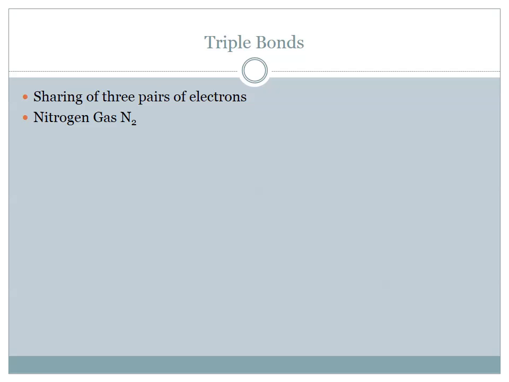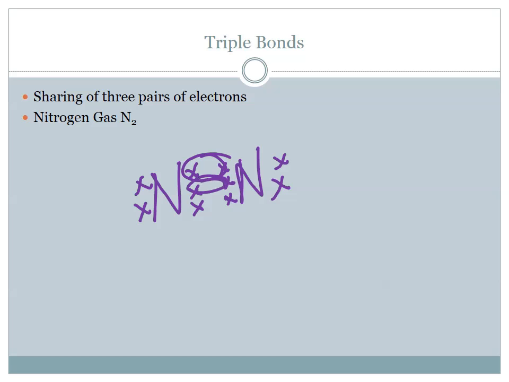Sometimes triple bonds are needed. So in the case of nitrogen gas, which has the formula N2, each atom shares 3 with one another, which forms a triple bond.